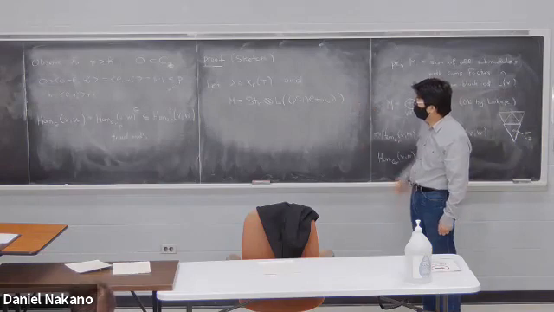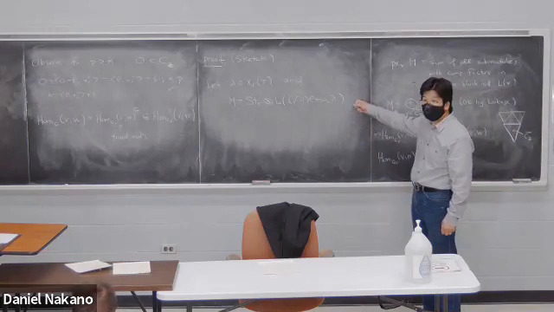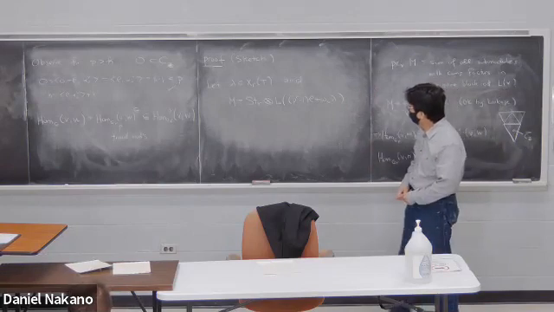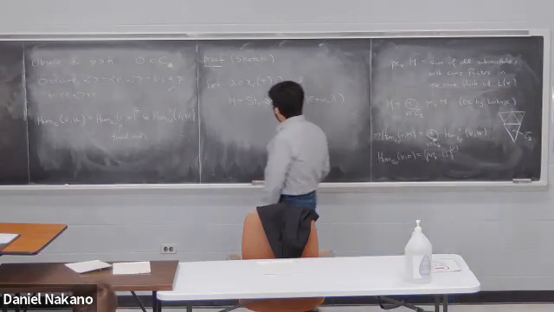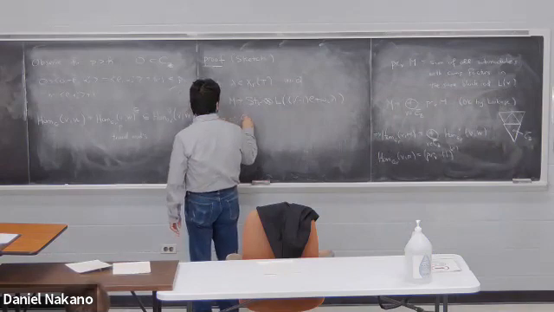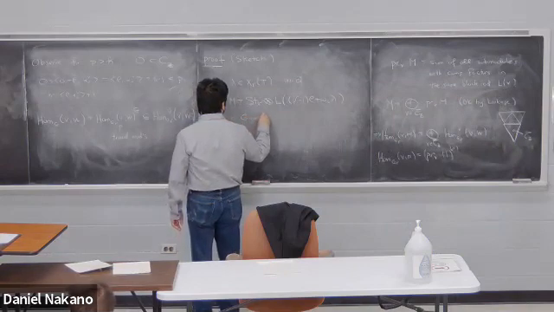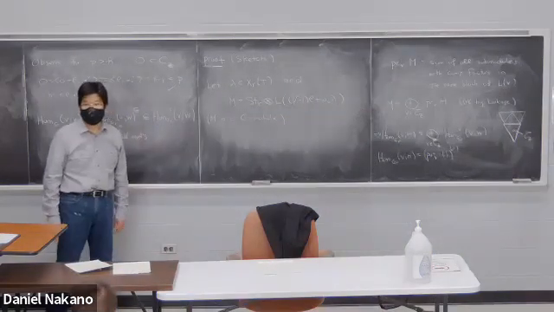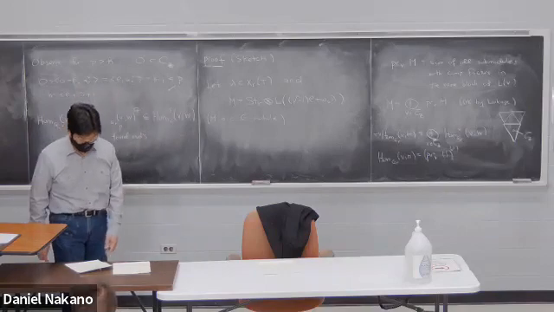So if D-filled holds, this is a tilting module. And so it makes sense to look at this module in and of itself. So M is a G module. That's clear, I think, because the Steinberg is a G module, and I'm tensoring by an irreducible G module.